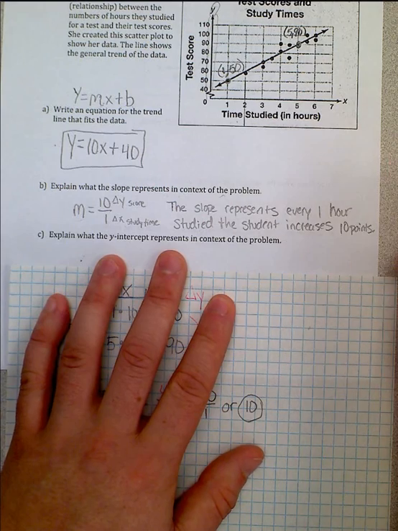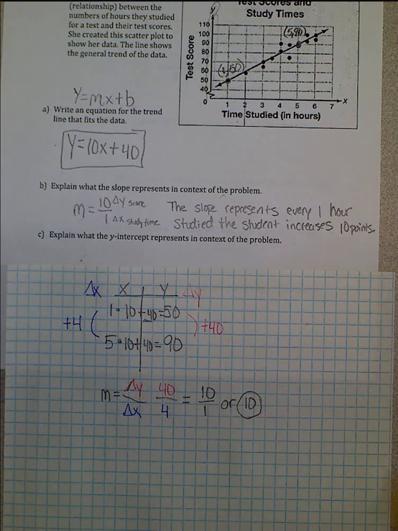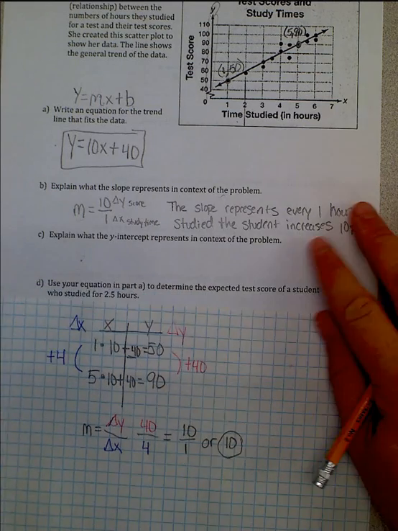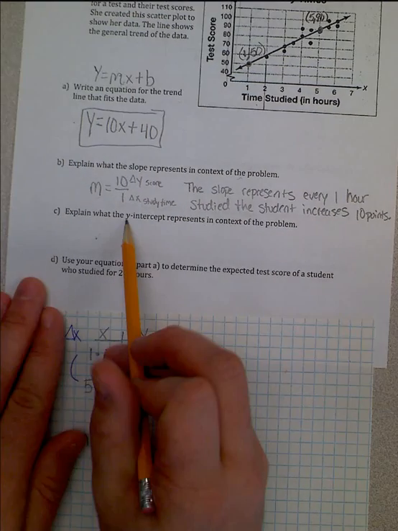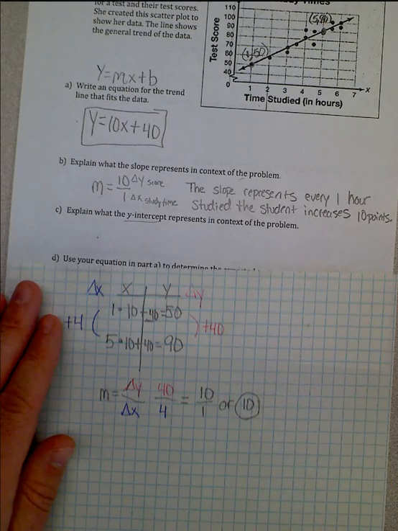So every time he studies 1 hour, or she, they increase their score by 10 points. And that's a prediction, since it's a scatter plot. Lastly, I know the y-intercept in this problem is 40.